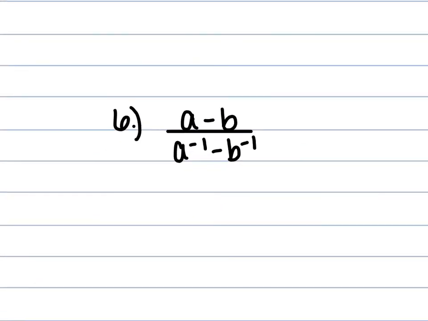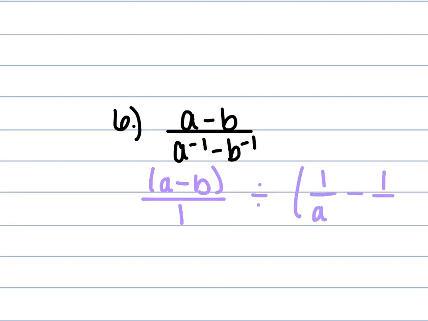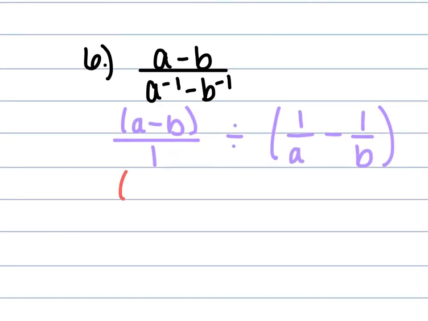For 6, you have a minus b. We're going to keep a minus b, put it over 1, divided by 1 over a minus 1 over b. So from here, it's going to stay a minus b over 1. We can keep this division right now because you need a least common denominator, which is going to be ab.